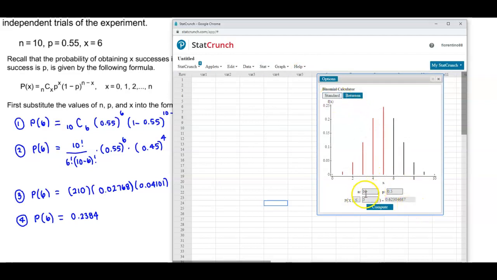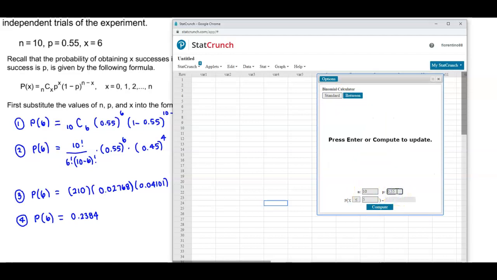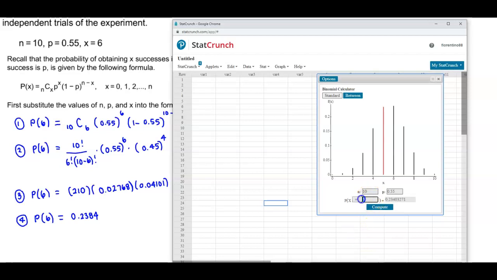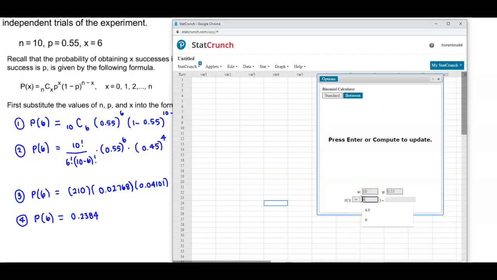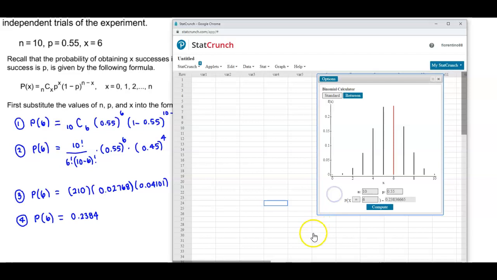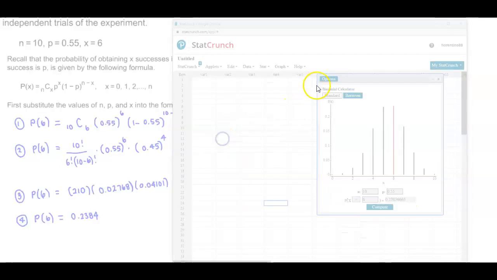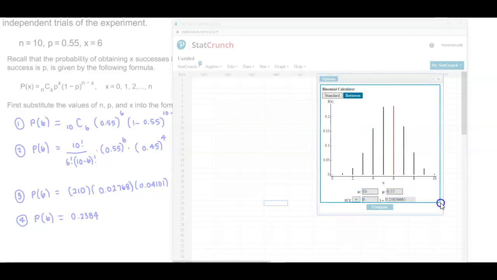We know that our number of trials is 10. We know that our probability is 0.55. And then we want to use the equality because, again, it says x equals 6. So we're going to select the equal sign, put the value of 6 in there, and then hit enter.